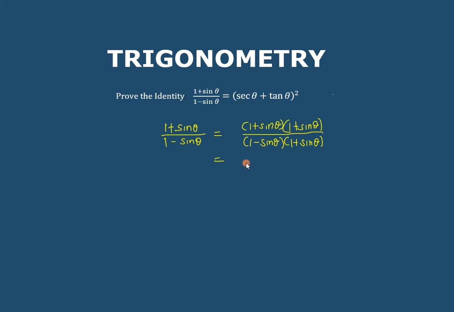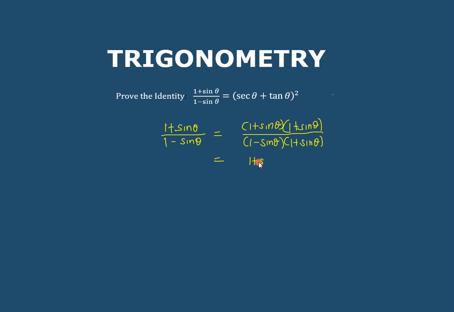So when I open the brackets, let me have this step also, multiply out. But you can see that up there as the numerator you have 2 brackets which are the same.